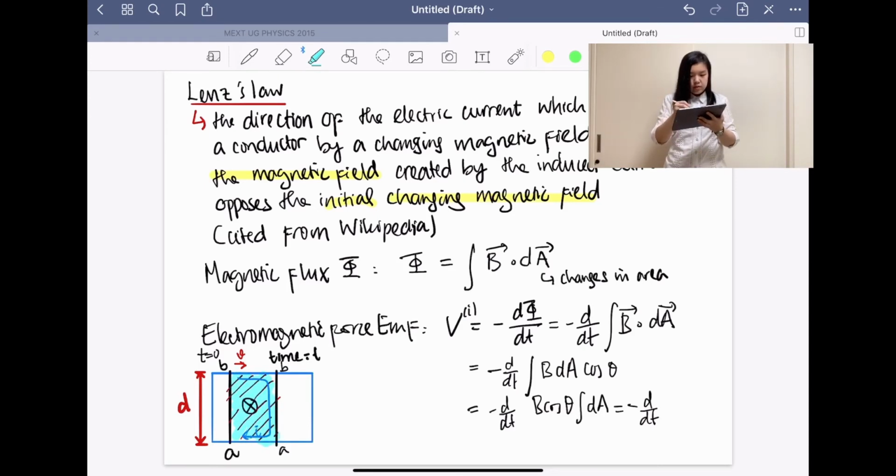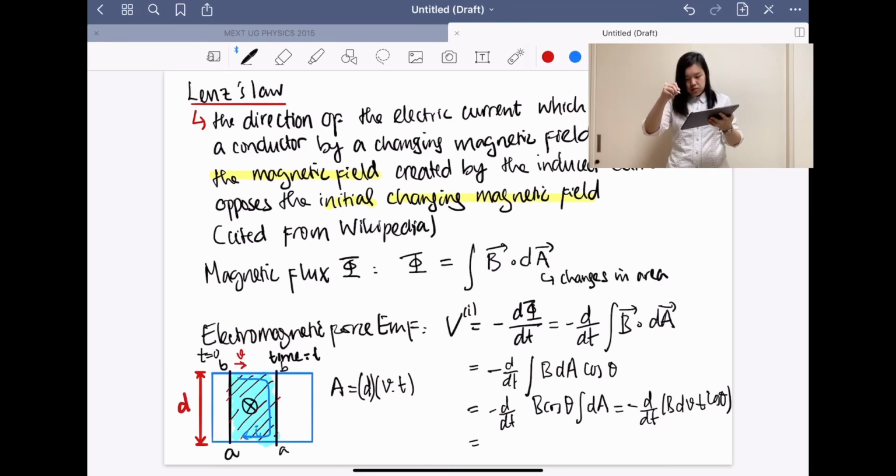What is the area of this rectangle? It is d times this side. This side is equal to the velocity times the time, which gives us the distance. Okay. Now we have B d v t cosine theta.